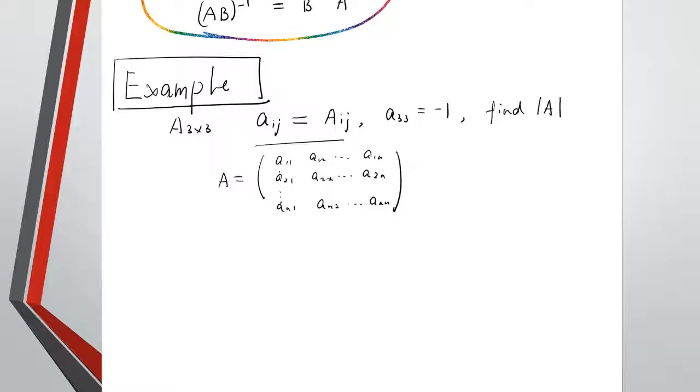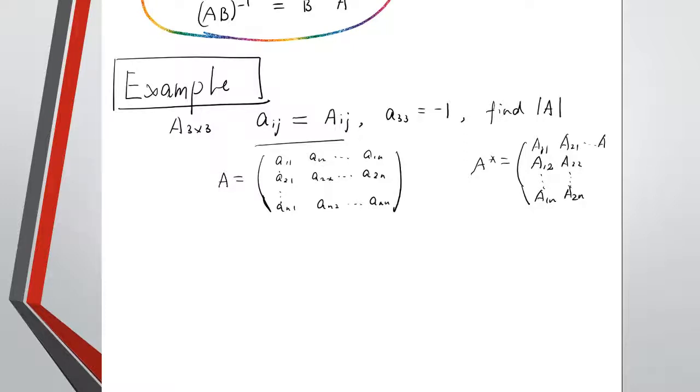For the adjoint matrix, now we have A star as A11, but we have to put it in a column, like A12, all the way to A1n, and then we have A21, A22, all the way to A2n.